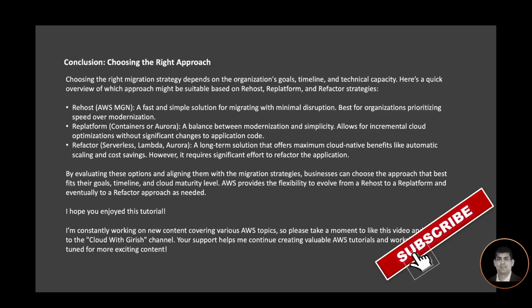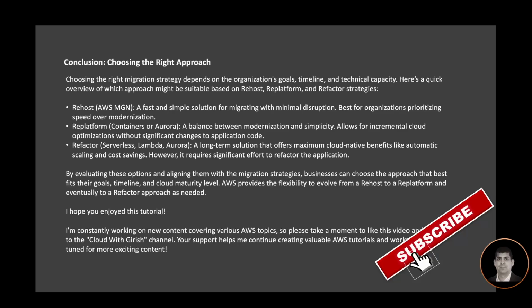Second one is Replatform, and this is a balance between modernization and simplicity, allowing for incremental cloud optimization without significant changes to the application code. And third one is the Refactor, right? That's where you're going serverless, Lambda, Aurora, a long-term solution that offers maximum cloud native benefits like automatic scaling, cost saving. However, it requires significant effort to refactor the application.